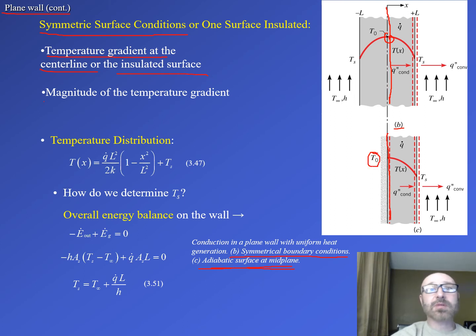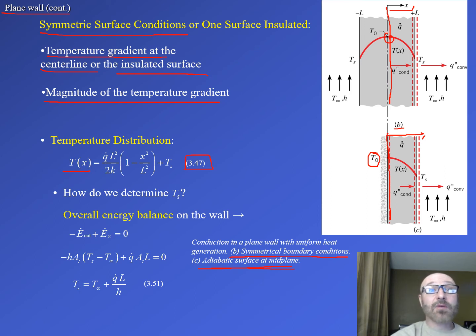Now we also may want to take a look at the magnitude of our temperature gradient as we go out away from that line, our L, in our x direction. So our temperature distribution, T of x, relative to our distance away from that T naught at our midline, is equal to the relationship shown in equation 3.47 in our textbook.